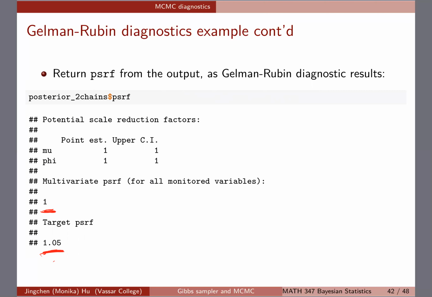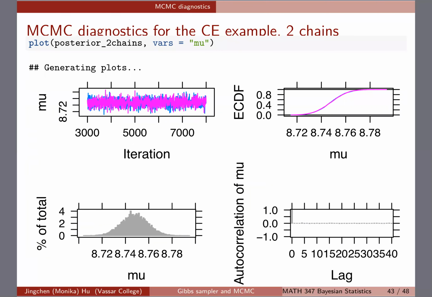More importantly, let me show you this one here. If you plot posterior_2chains and look at the parameter mu, because now we have 2 chains, they're going to color code it for you directly. It's specifically evident in the trace plot, because now you can see 2 going on.